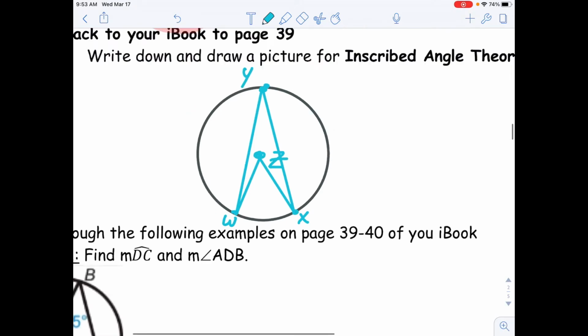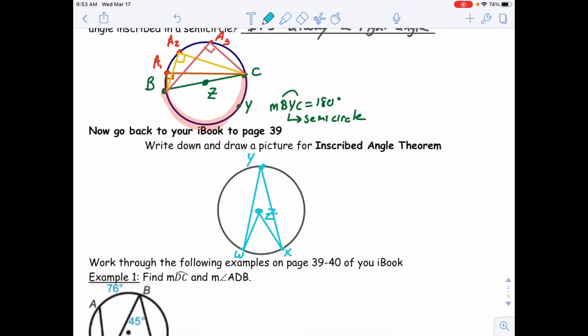So just to put it in simple math terms, the measure of angle WYX, which is inscribed, is equal to half the central angle, the measure of angle WZX. That's a central angle. That's a fact about it.